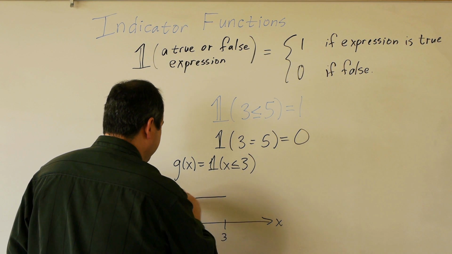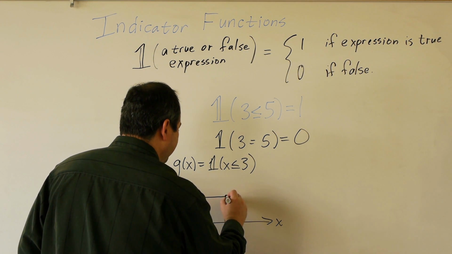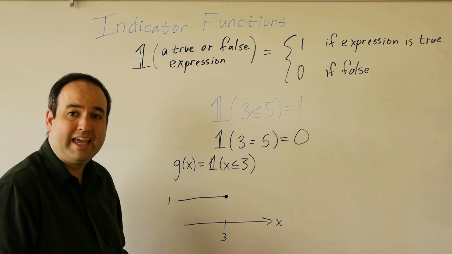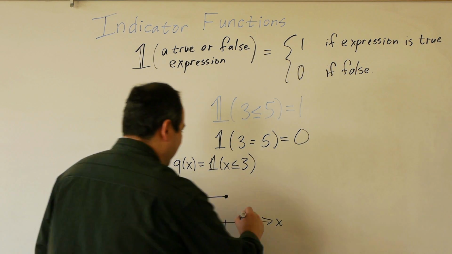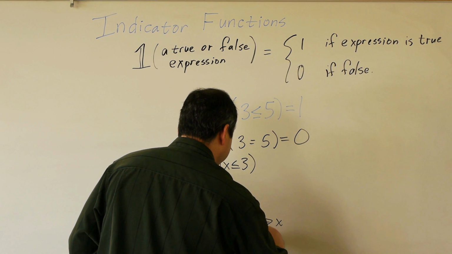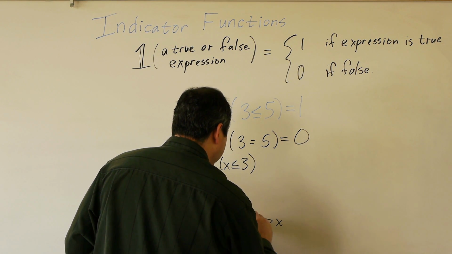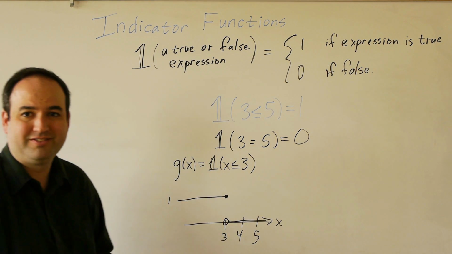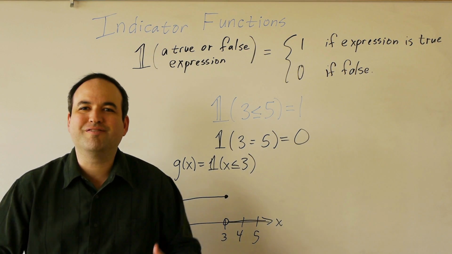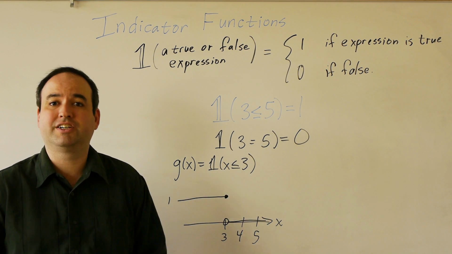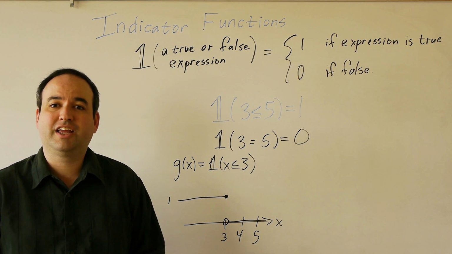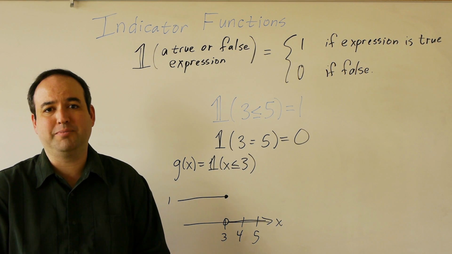So it's 1 right up until the point that x equals 3. For x values bigger than 3, 4, 5, etc., the value of the indicator function is 0. So this gives us a very handy way of describing this sort of step function that without this notation would take us 2 lines to develop.